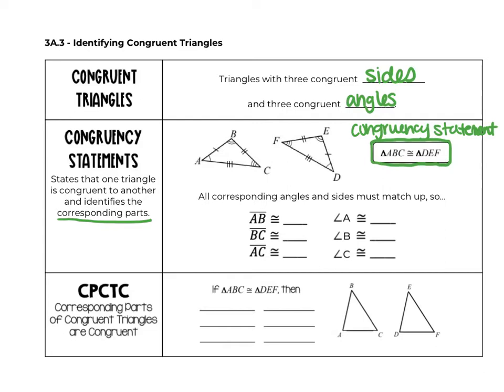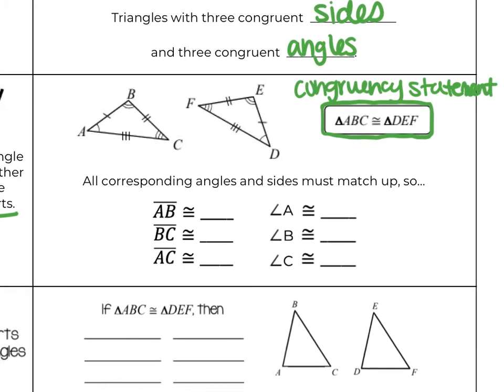It could also refer to a congruency statement talking about corresponding parts. So all corresponding angles and sides must match up. So I'm going to look at my congruency statement to know which parts are congruent from one triangle to the other. So AB on this first one is right here.